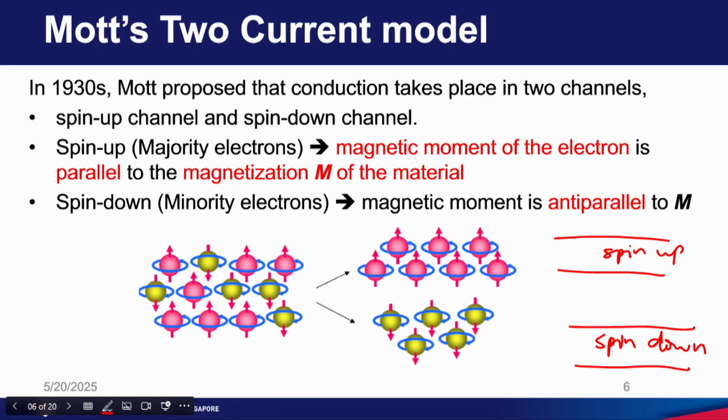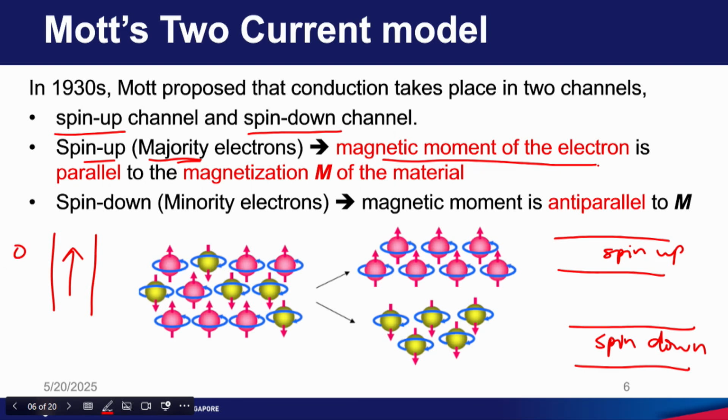So, a few days ago I also was saying these words, but I did not tell you the definition. When we say spin up or majority electrons, what we mean is that the magnetic moment of the electrons is parallel to the magnetization of the material. For example, you have a layer with a magnetization along this direction, and you send current into this layer.